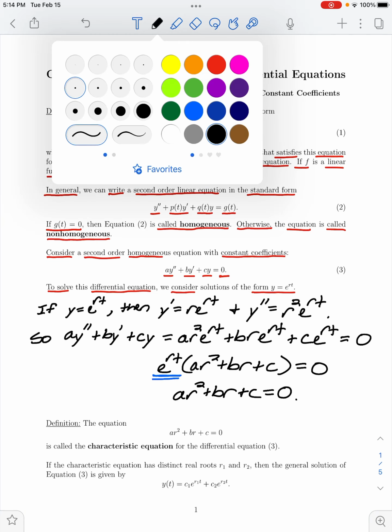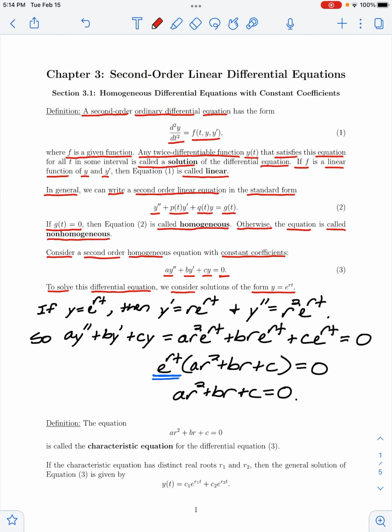So this equation that we obtain by seeking solutions of exponential form, this equation a r squared plus b r plus c equals 0, is what is called the characteristic equation for the differential equation 3.